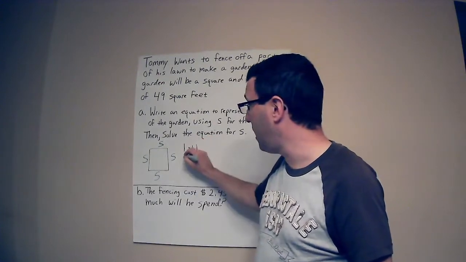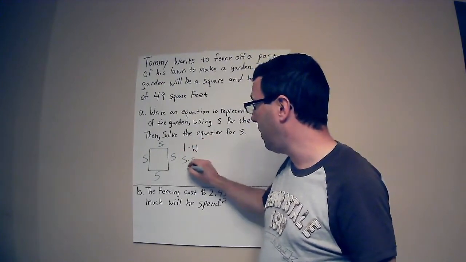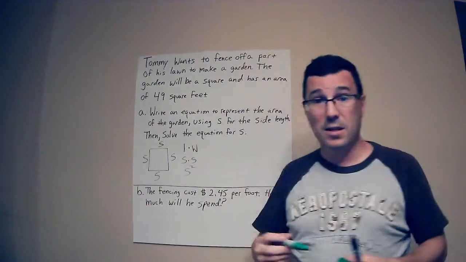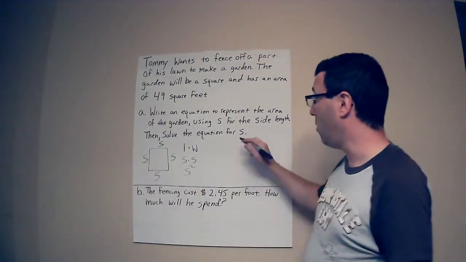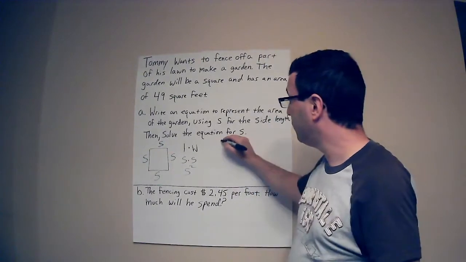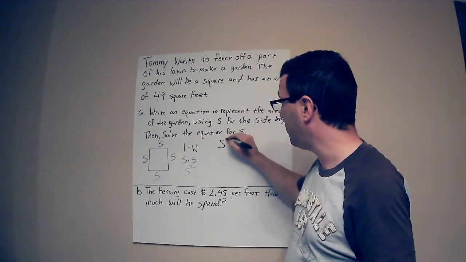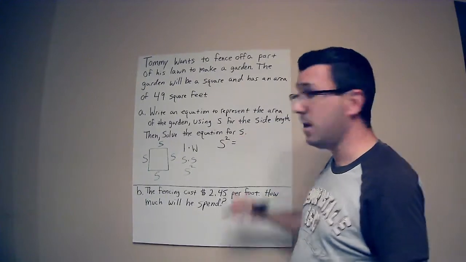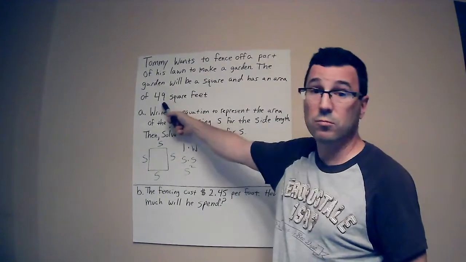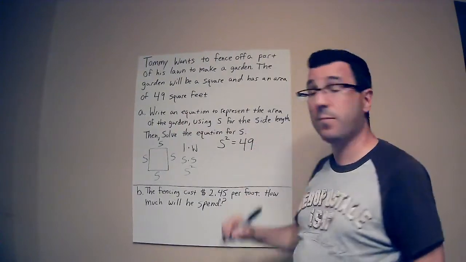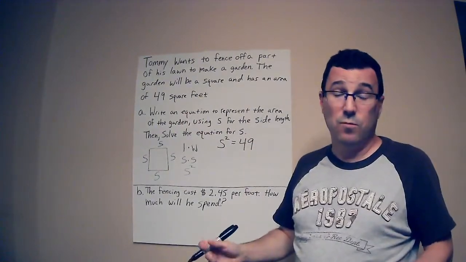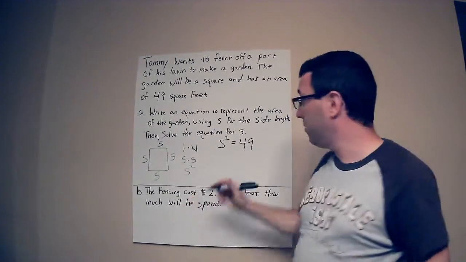Well, in this case we have side times side, and that's going to give us S squared, or side squared. So my equation is going to be S squared equals the area of the garden, 49. And now we're going to solve for S.